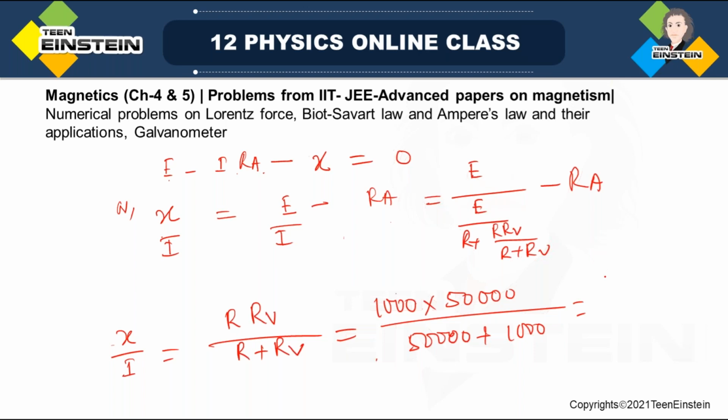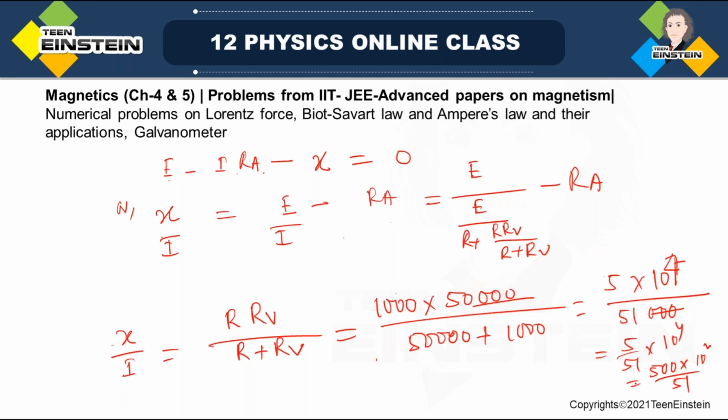So this is 5 into 10 to the power 4 and 3, so 7, 10 to the power 7 divided by 51000, so 5 by 51 into 10 to the power 4, so you can just make it 500 into 10 to the power 2 divided by 51.